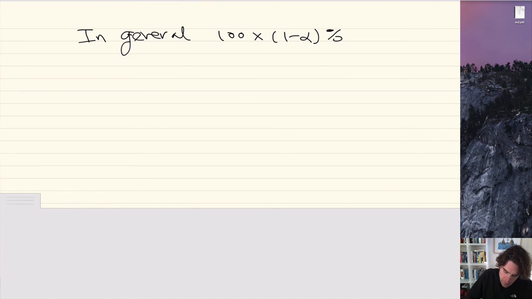So what is the relationship between two-sided hypothesis tests and confidence intervals? Well, here it is. In general, a 100 times 1 minus alpha % confidence interval has the following properties.